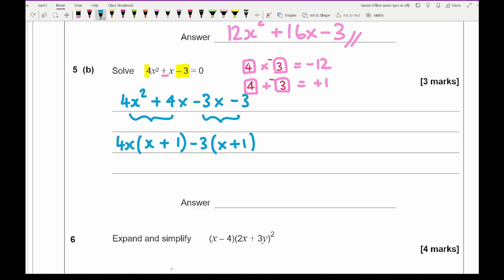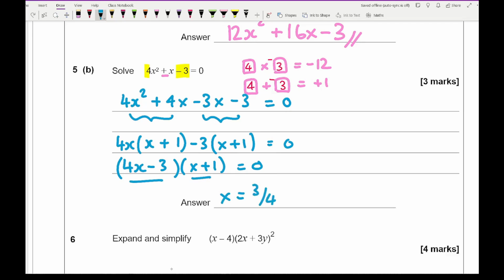So then factorising this, I get 4x minus 3 and x plus 1. Now we need to remember that it is an equation, so all of these need to be equal to 0. And then I just need to solve it. So solving this, x is going to equal 3 over 4. And solving this, x is going to equal minus 1. And if I use the quadratic formula, it would give me the same answer.